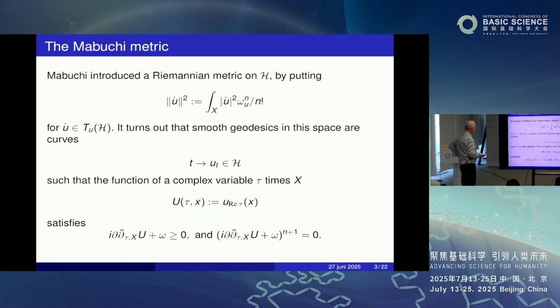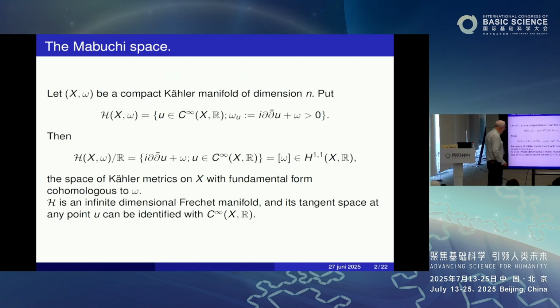Okay. Now, Mabuchi made this into an infinite dimensional Riemannian manifold by introducing a Riemannian metric on H. I should say that the tangent space at any point u can be identified with the space C infinity, since it's a linear space.